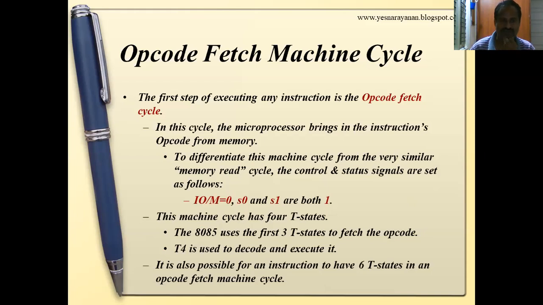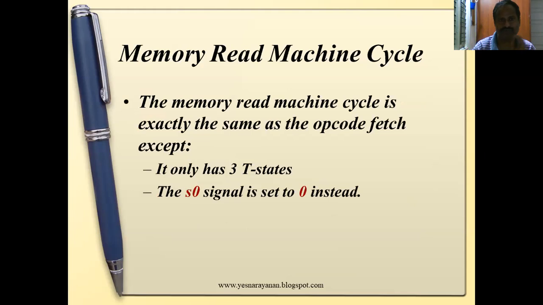It is also possible for an instruction to have 6 T states in an opcode fetch machine cycle. The memory read machine cycle is exactly the same as the opcode fetch, except it only has 3 states. The S0 signal is set to 0 instead. S1 is set to 1.